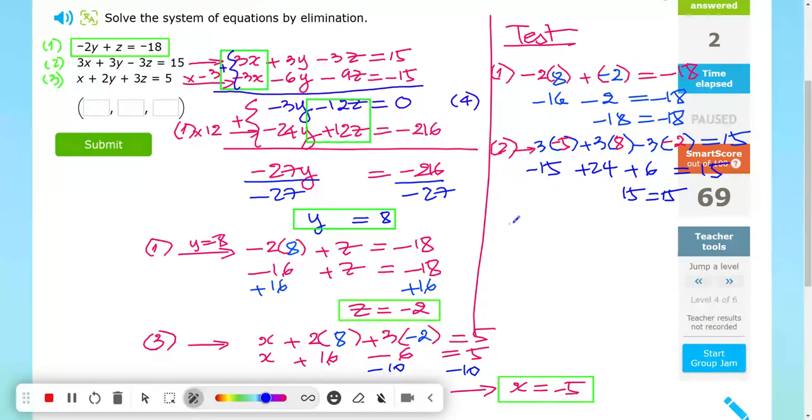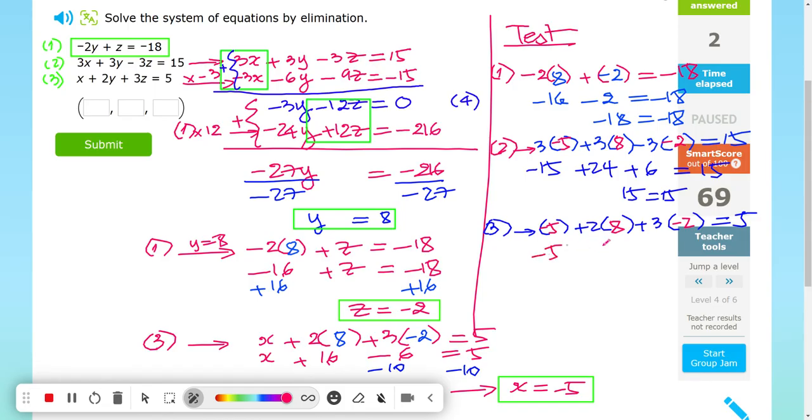Very good. We can test equation number 3: x plus 2y plus 3z equals 5. Substitute x equals negative 5, y equals 8, z equals negative 2.